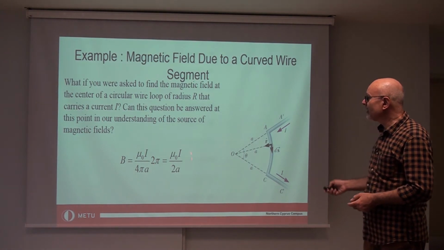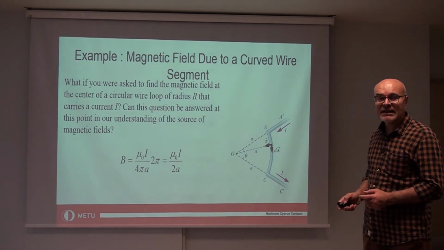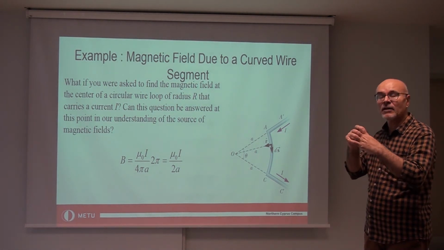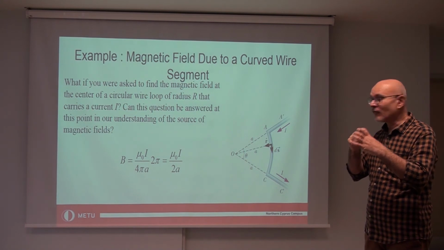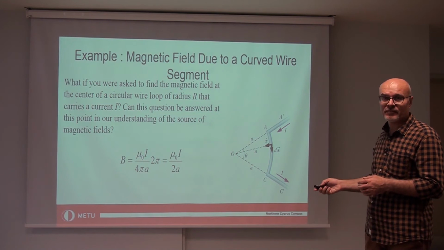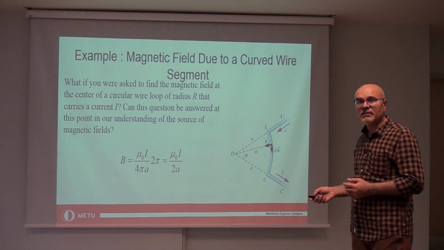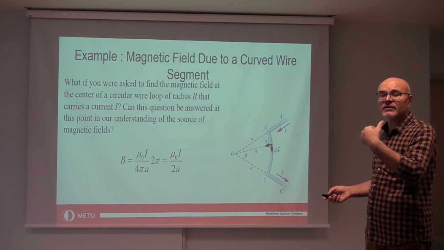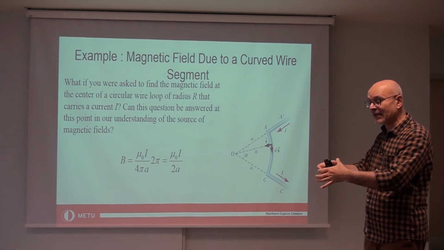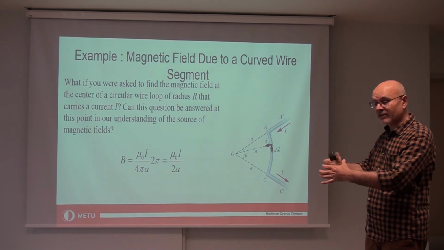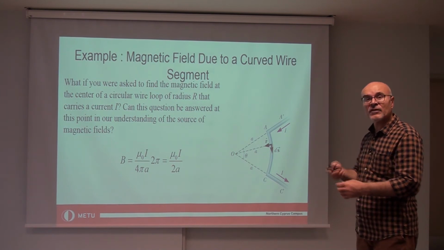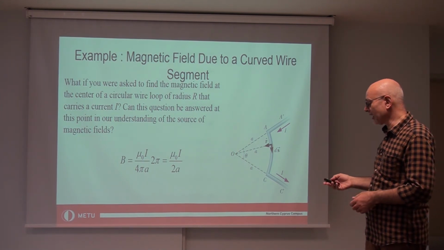This is the magnitude of the magnetic field at the center of a ring of radius a carrying a current I. Okay, and the direction can be found by taking any ds and using the right-hand rule. The magnetic field is perpendicular to the plane of the ring, but it's either in this direction or in this direction, depending on the direction of the flow of the current, which can be found using the right-hand rule easily.